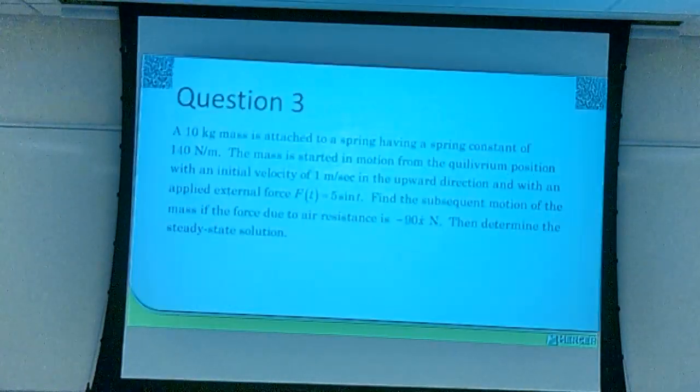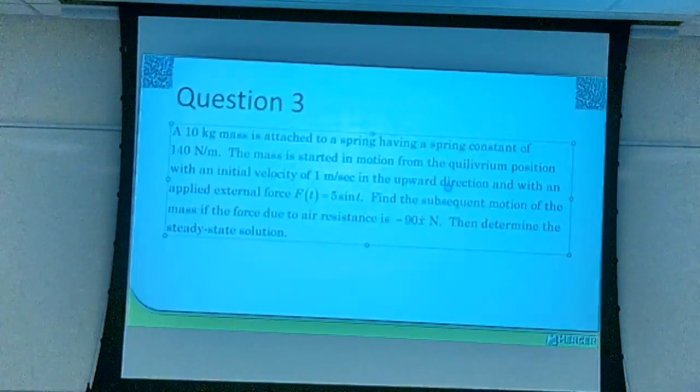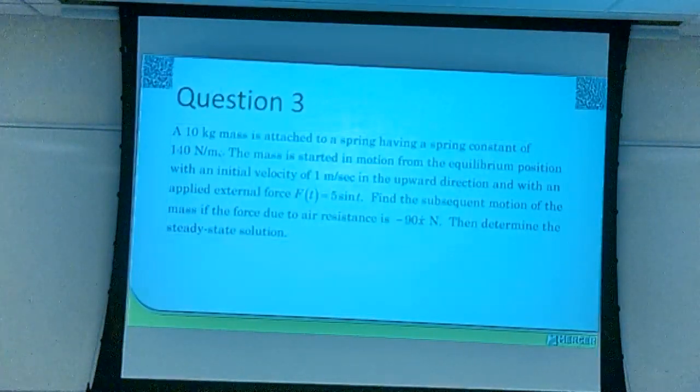This next one, I think, has a driving force as well.